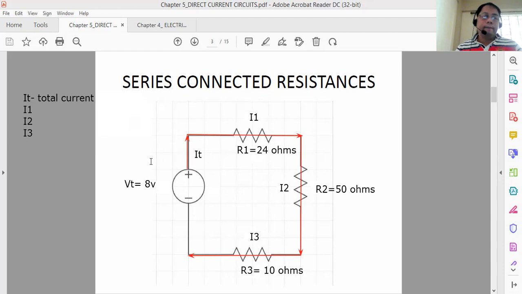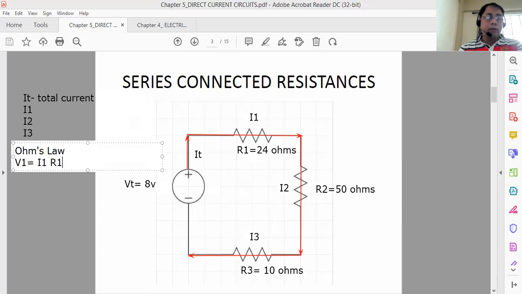Now, based on our Ohm's Law principle, whenever there's a current that goes through a resistance, so I1 passing R1, it will develop into a voltage. So the product of I1 times R1 is creating a voltage.